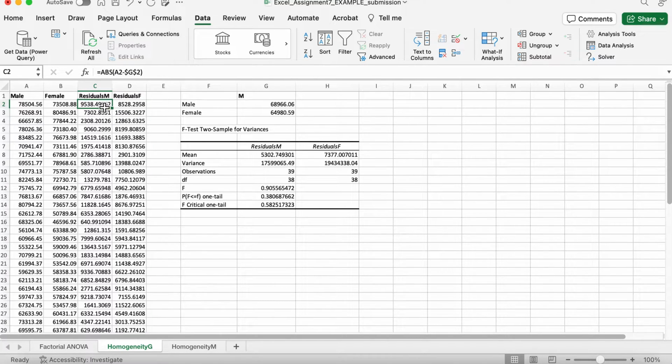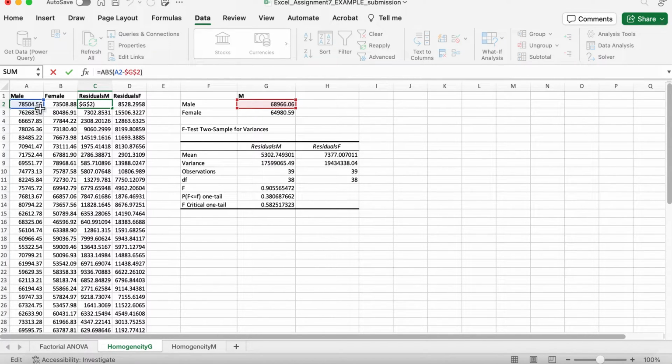Then you'll have to fill in the residuals, which again is just this particular formula. You just need the absolute value of the score, which in this case is 78,504.56, minus the mean, which is 68,966.06. I used dollar signs because when I drag this down, I didn't want it to drag this column as well.